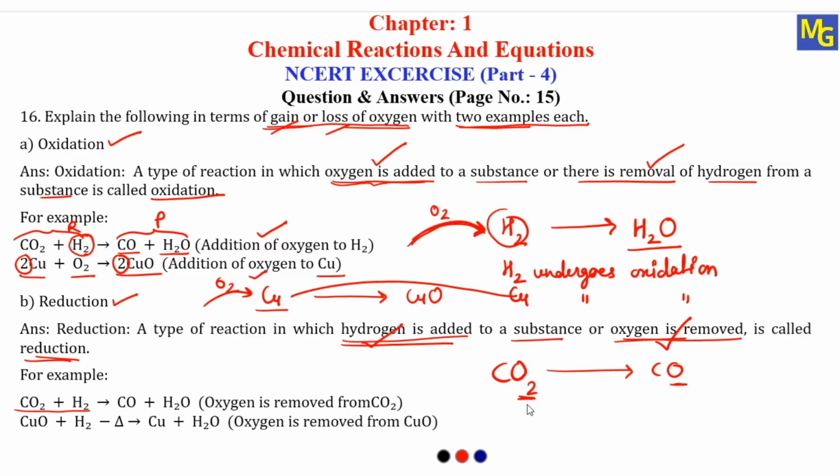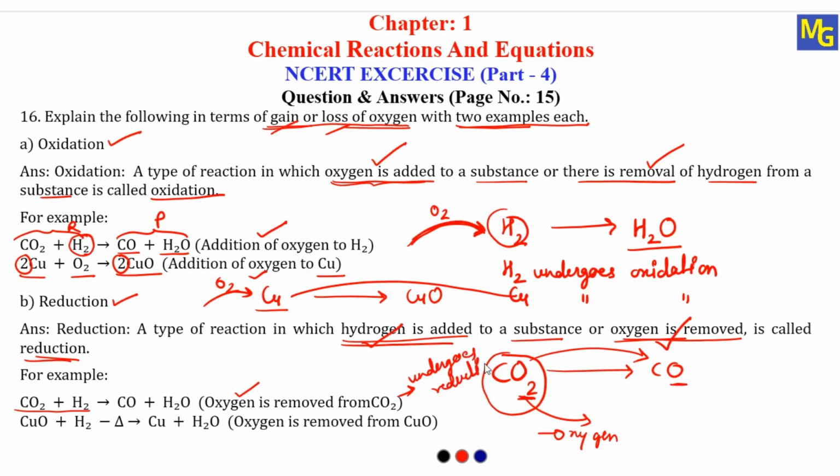So during the conversion of CO2 to CO, one oxygen is removed. We have removed one oxygen, and removal of oxygen is called reduction. Therefore, CO2 undergoes a reduction reaction. So here in the bracket: oxygen is removed from CO2. Therefore, CO2 undergoes reduction. Like this, we can understand.